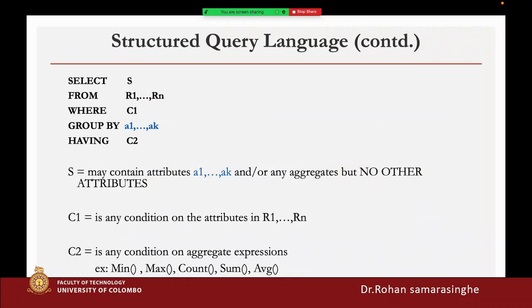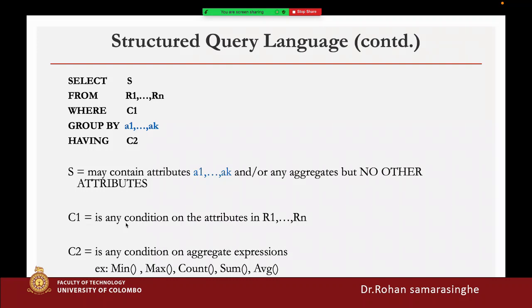Okay, let's go to here. Select S from R1 to Rn, these are the relations or the tables, where C1, group by A1 to AK, you can group by the product name or the place or anything, having C2. S contains the attributes A1 to AK and any aggregation on other attributes.